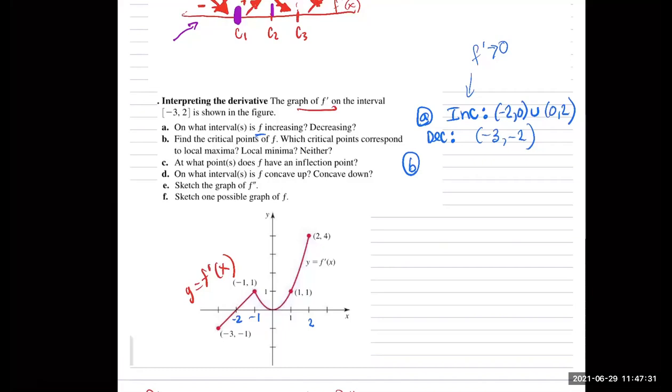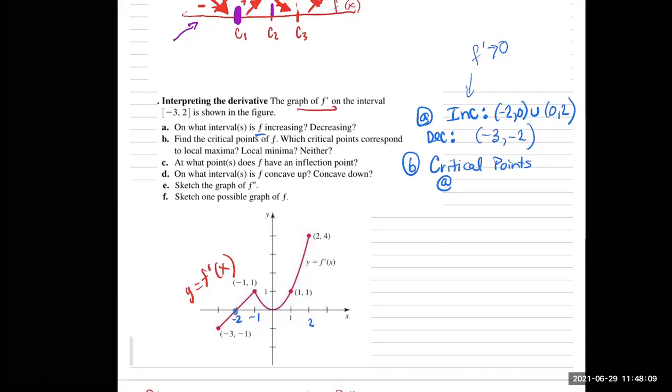In general, how do we get critical points? Good. When the first derivative is either 0 or undefined. Good. So we are looking at only on this interval between -3 to 2.